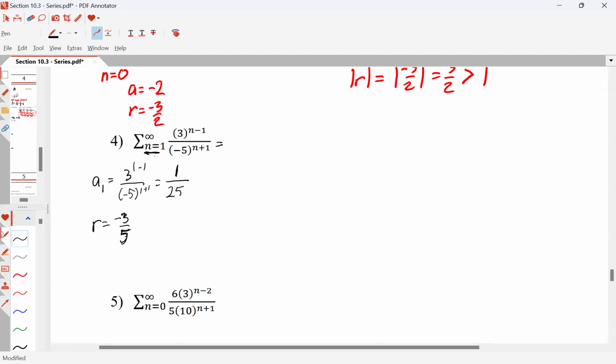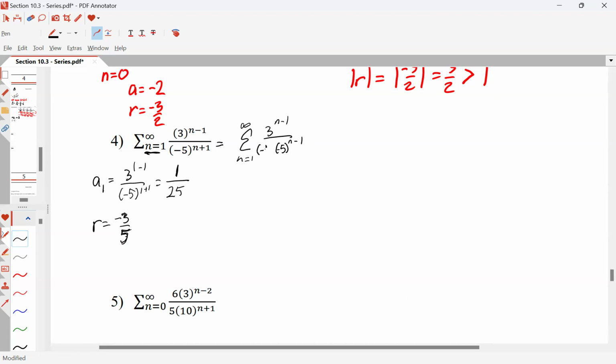Now, quickly using the rewrite method to show this is true as well. Since I have a lower bound of n equals 1, I want to rewrite this so that everything has an exponent of n minus 1. Well, 3 has the exponent of n minus 1 already, so that's going to remain unchanged. So we have 3 to the n minus 1. But -5 to the n plus 1, I want it to be -5 to the n minus 1. That is 2 less than what I originally have.